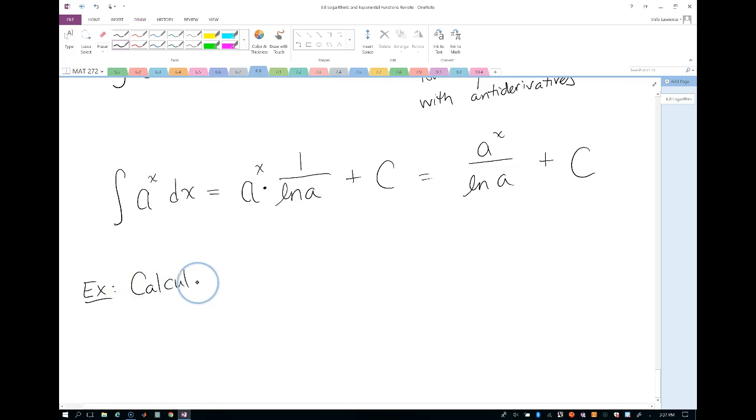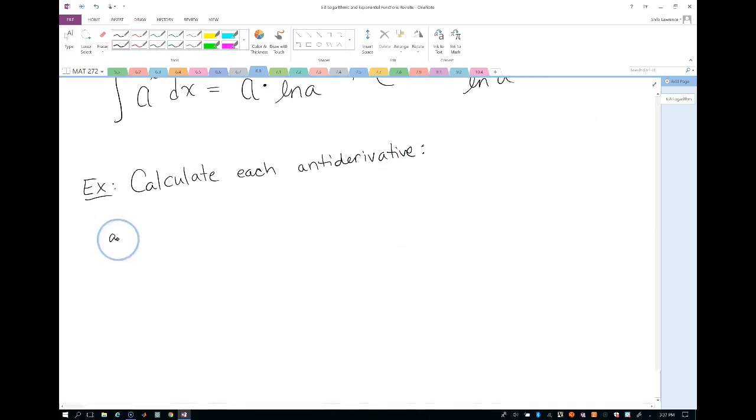So we'll look at a couple of quick examples. Let's find the antiderivative for 3 to the 2x plus 5.